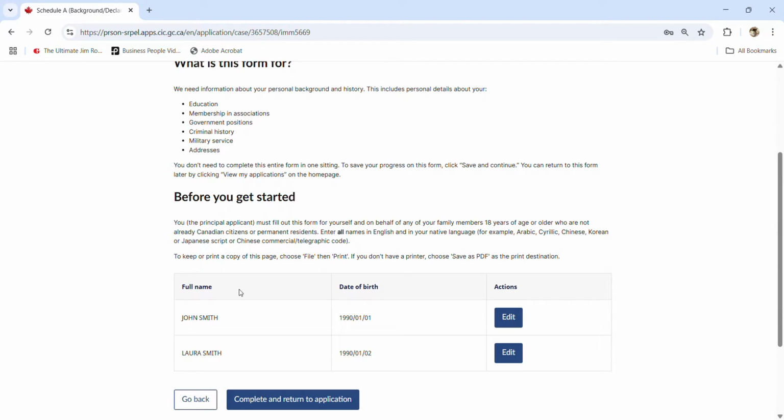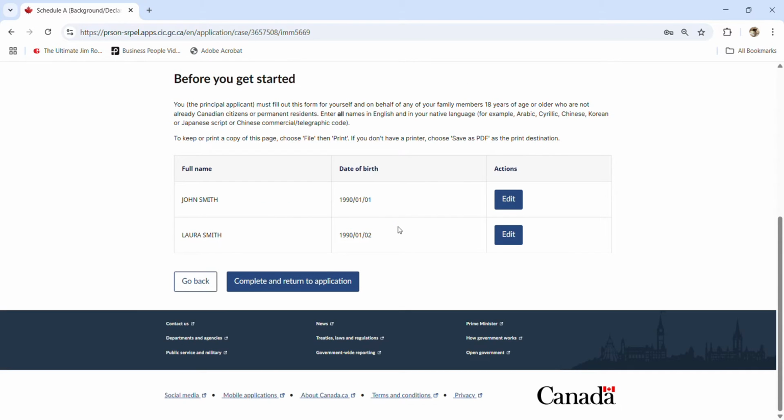In this case we have John Smith and Laura Smith, and John Smith is the principal applicant. He will need to fill out his form and also on behalf of Laura Smith as well. For this family they have only one child in the application, that is Peter Smith. He is underage, so he doesn't need to fill out this form, and also you don't see Peter Smith's information in here for you to fill out.